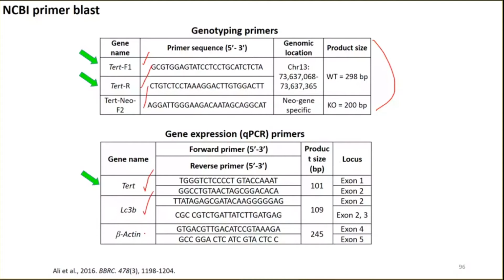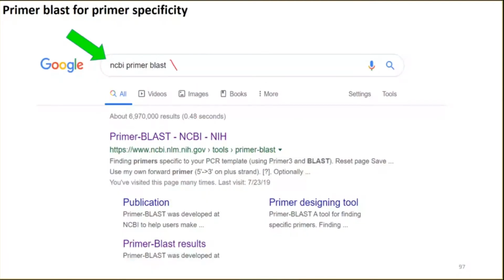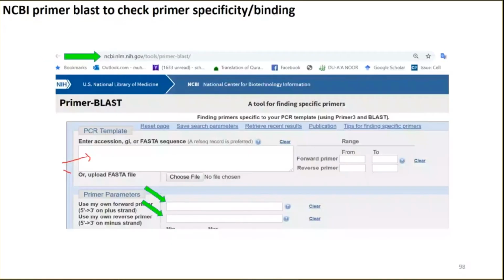Okay, so we will write NCBI primer blast and click this first one. In the designing of primers, we entered the sequence of DNA for which we wanted to design primers, but in this case a slightly different strategy is used. We put the sequence of forward primer here and the sequence of reverse primer here.